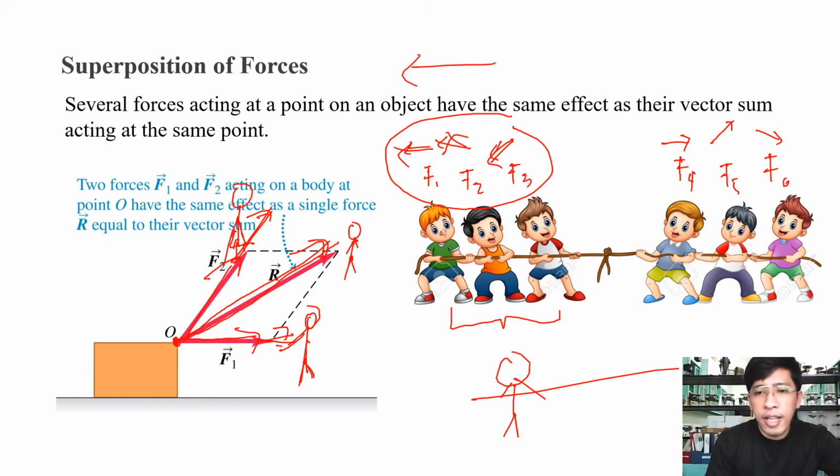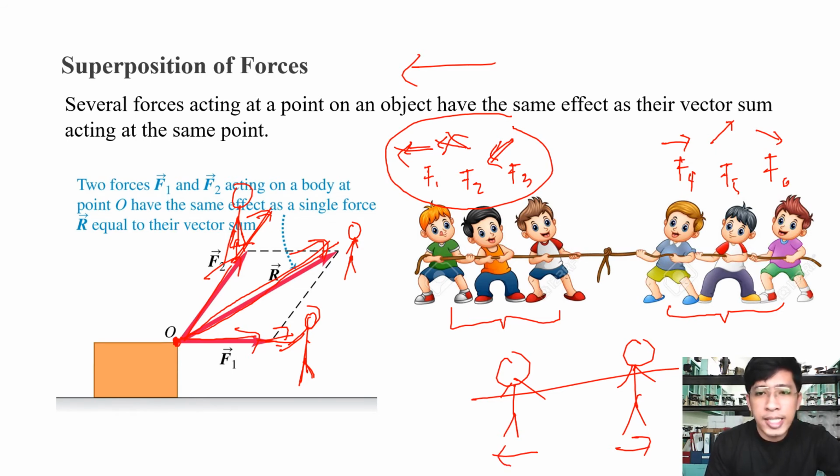The same is true with your players on the right. This is equivalent to having one person pulling the rope to the right, and the other person pulling the rope to the left.